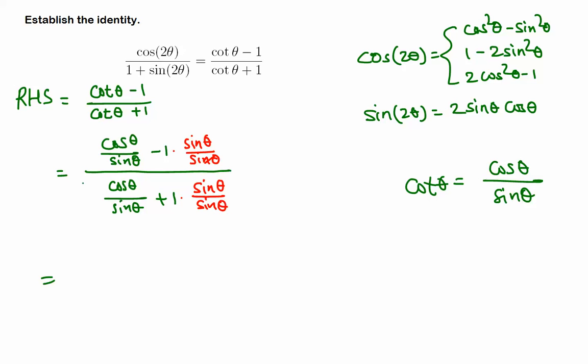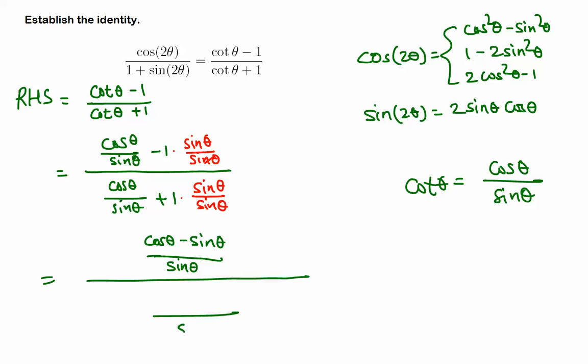Then this original division we still have here. On the top, sine theta is the common denominator. Cosine minus 1 sine, so we have cosine theta minus sine theta. Similarly, we have sine theta on the bottom as a common denominator, cosine plus sine.